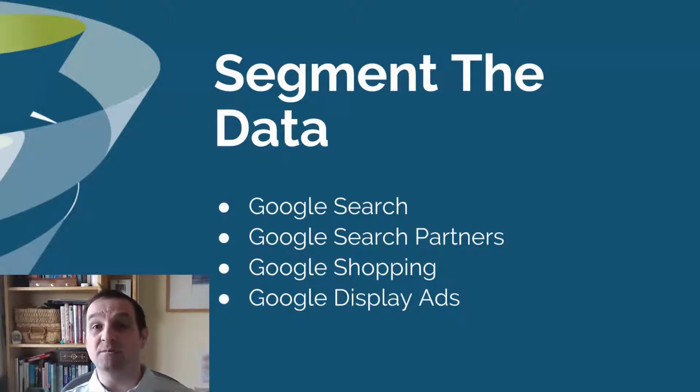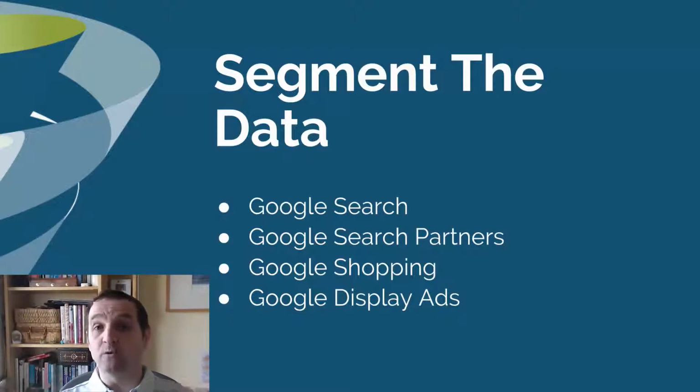Now, one of the things you need to bear in mind is if you have a Google AdWords campaign which is targeting search, search partners, and display all mixed into one, the headline click-through rate there isn't really a fair reflection of the real click-through rate. So you might have 100 impressions from search, and 10 clicks, a 10% click-through rate, which is great, but you might have 10,000 impressions on the display network, but only 10 clicks there, which gives you a much, much lower percentage.